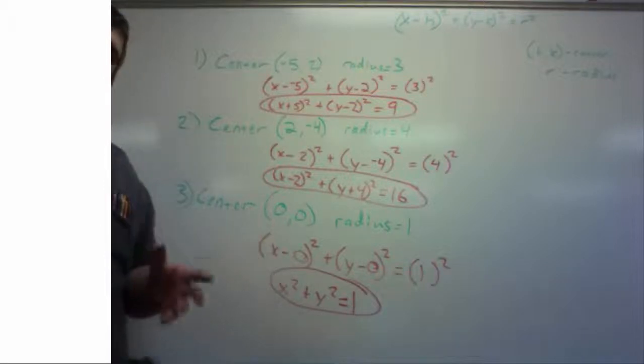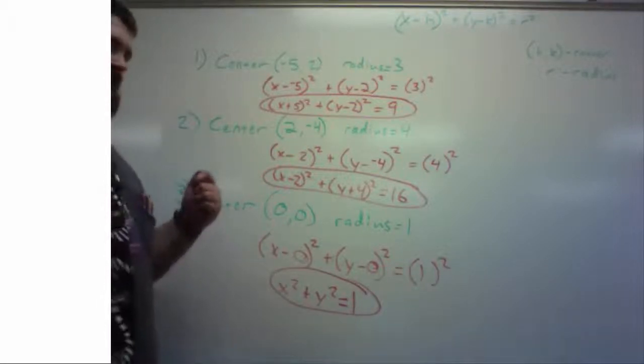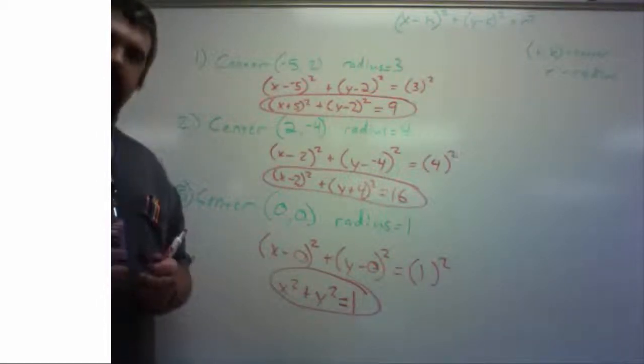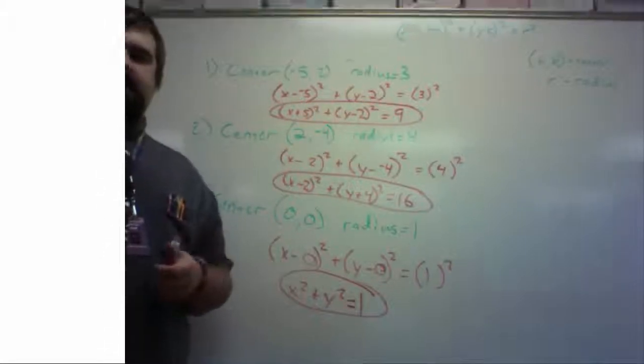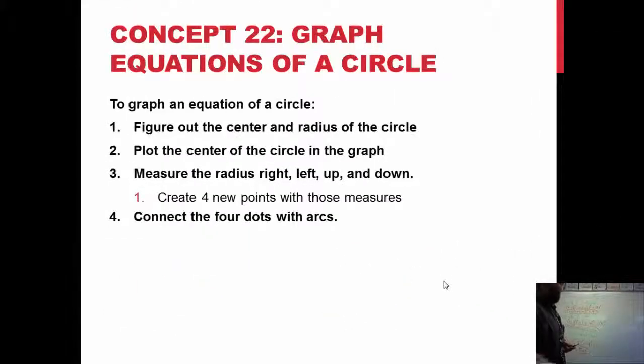Alright, and that's just how to write the equation. The next 2 concepts are about how to draw the graph from an equation and how to get the equation from a graph. So let's take a look. The concepts for graphing an equation are, first of all, figure out the center. You're going to write off to the side somewhere what the center is. You're also going to write down what the radius is.